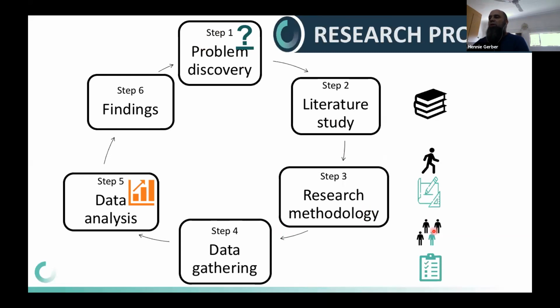We look at population and sampling very quickly. We look at a measuring instrument, which is the questionnaire, quickly. And then, because we're busy with research methodology, we will look at what intended data analysis you need. I'll do everything very briefly. I just want to give you an overview and what must be in place for your proposal.